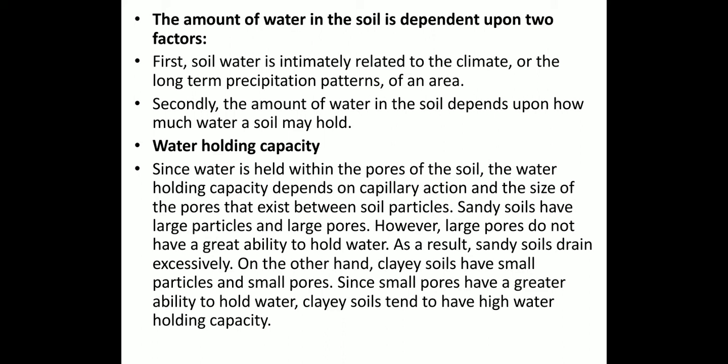And secondly, the amount of water in the soil depends upon how much water a soil may hold. So mainly the amount of water in the soil is dependent upon two factors.